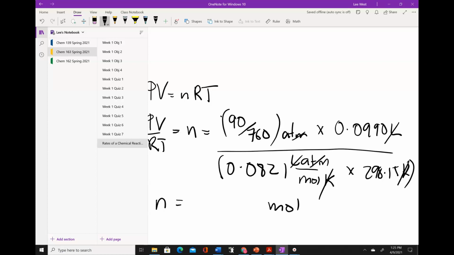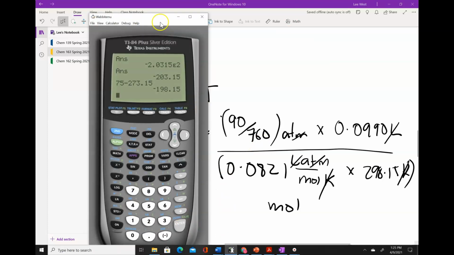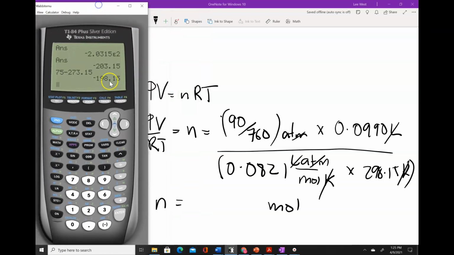Now, I would expect this to be a fairly small number of moles because we didn't have a lot of H2O2 to begin with. So let's see what we've got here. We've got 90 on 760 times 0.099. That's my top line.